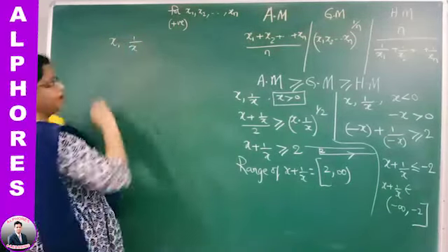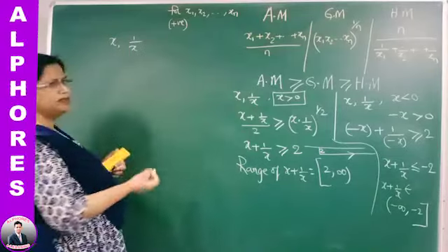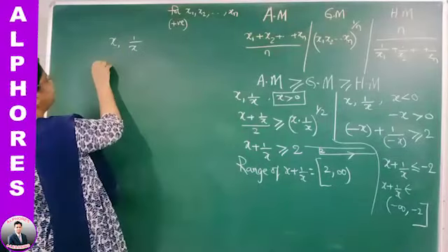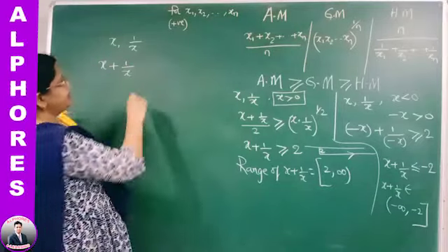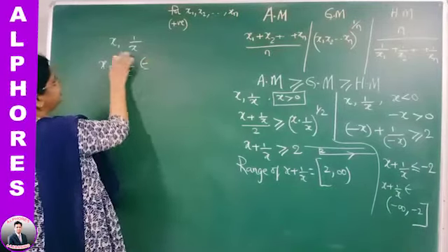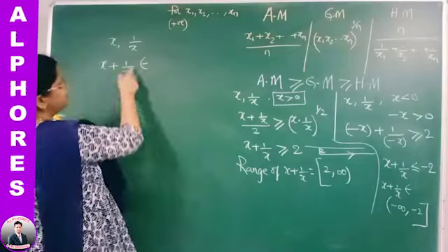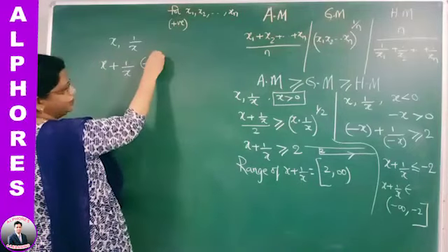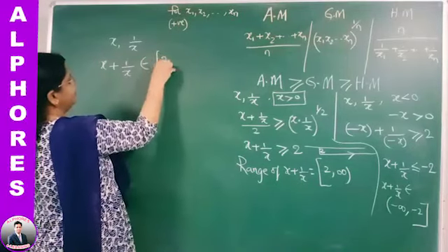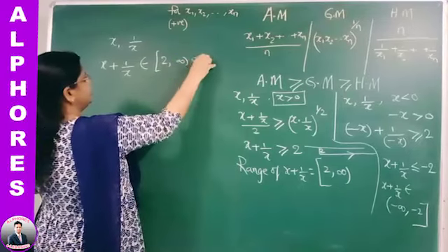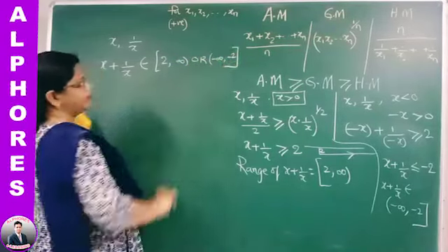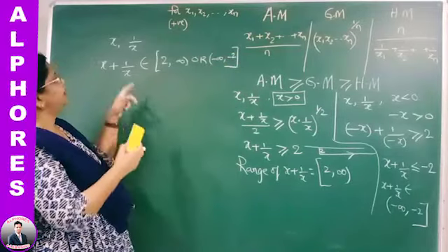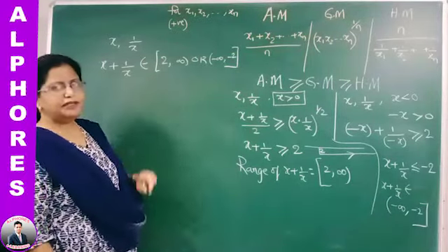Whenever you come across this rule, whether x is positive or negative, finally we can say the range of x plus 1 by x, range means the total value, nature of this total value. It is nothing but you got 2 comma infinity, or what is the other value? Minus infinity comma minus 2. Understand? So in this way you can find the range of x plus 1 by x.